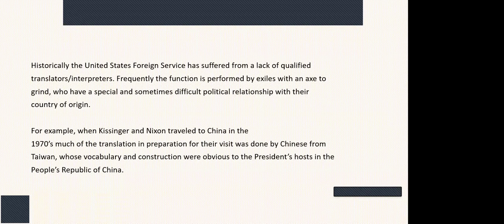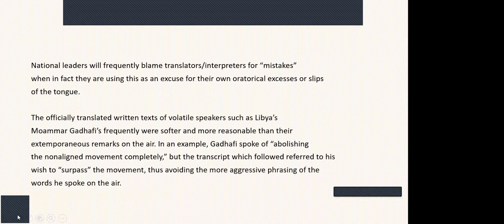So you see, it's one thing, the People's Republic of China, and it's another thing, Taiwan. It's another country altogether. And their vocabulary and construction were obvious to the president host in the People's Republic of China, right? So I guess you know pretty much in which direction this is going.